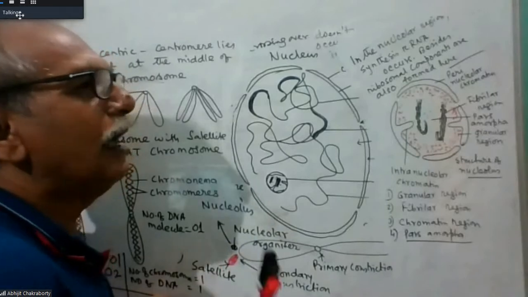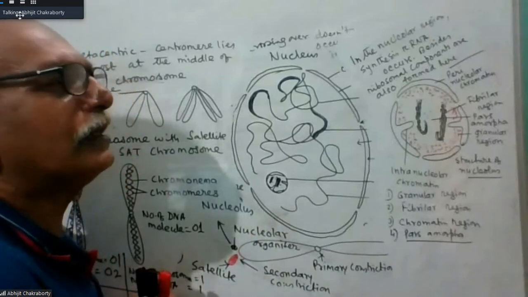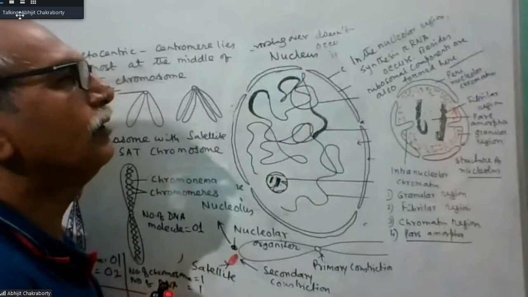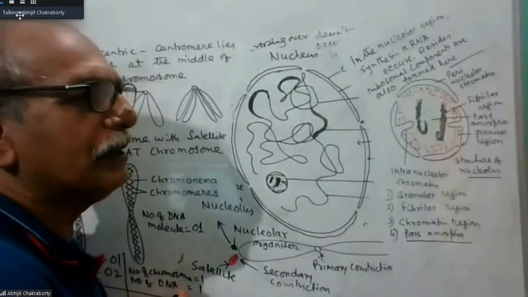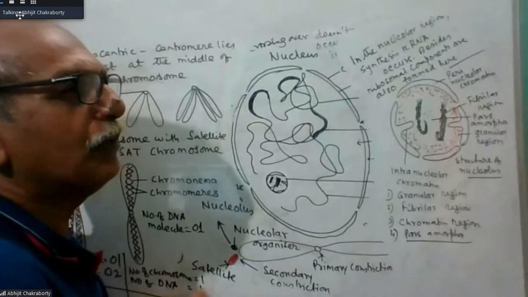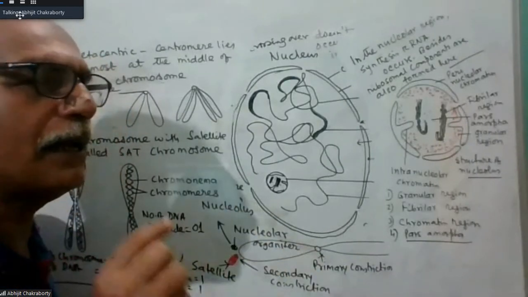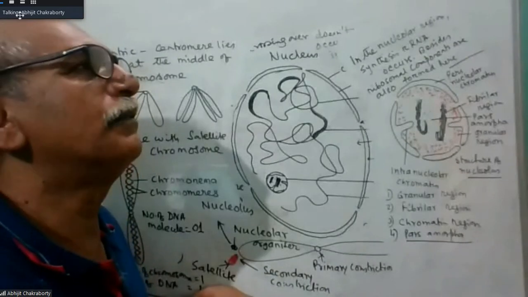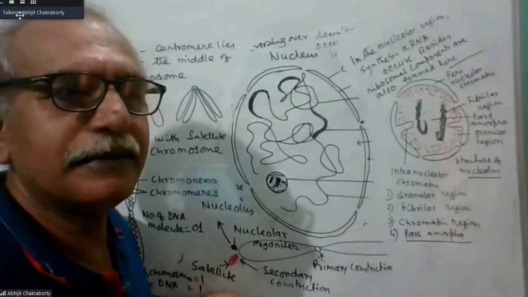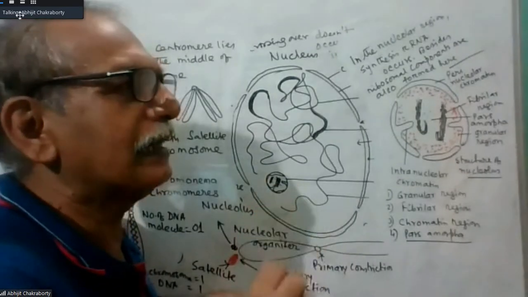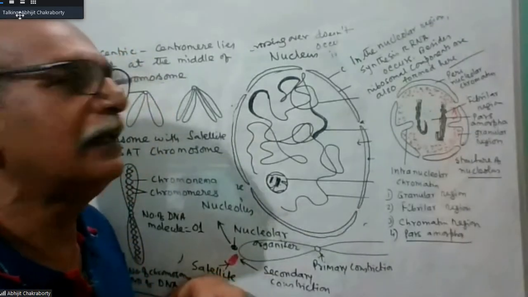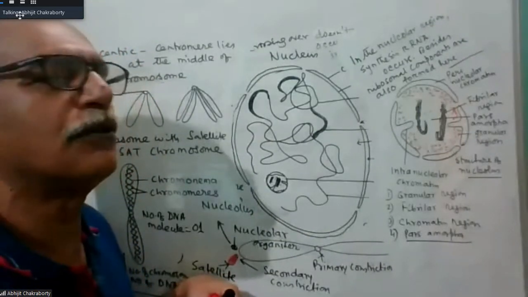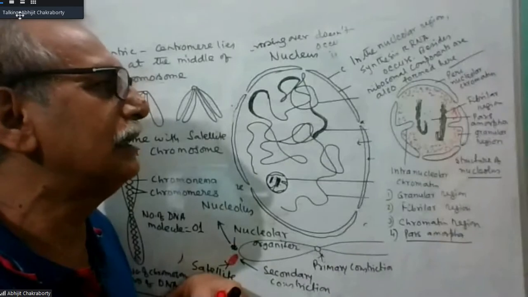Although we have some extrachromosomal DNA in the cytoplasm also, cytoplasmic inheritance to some extent depends on the mitochondrial DNA. Some specific characteristics are controlled by mitochondrial DNA, but most characteristics are controlled by the nuclear DNA.